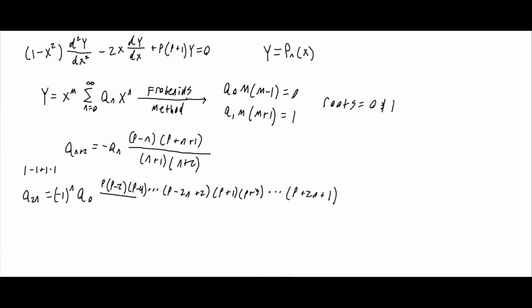You might want to check me on that. That might be a minus 1. But anyway, I can probably draw a better line than that. So this is a fraction, and in the denominator we will have 2n factorial.